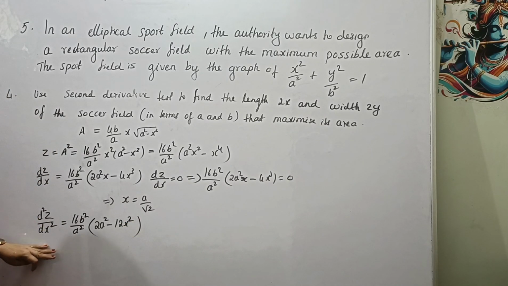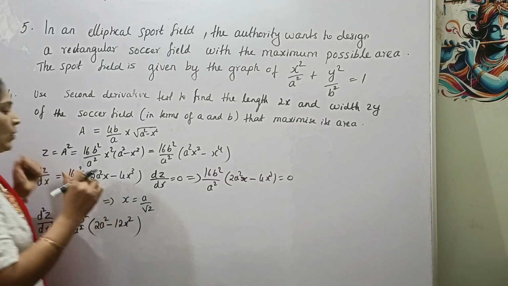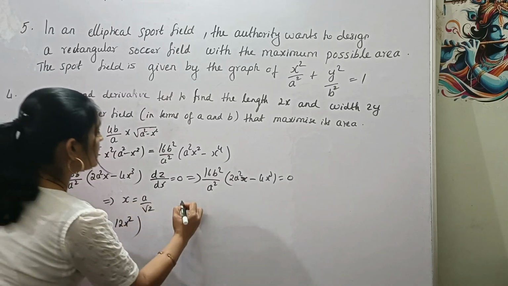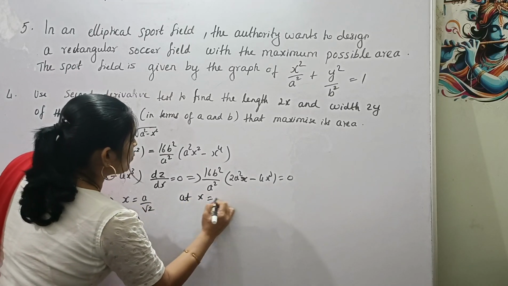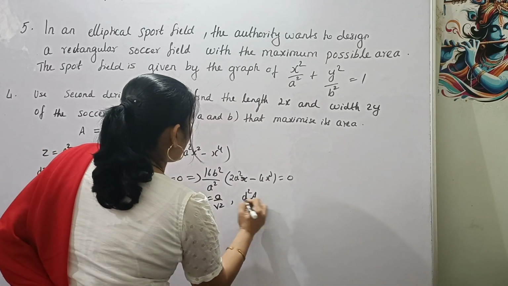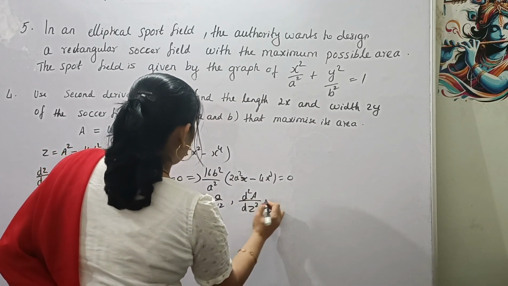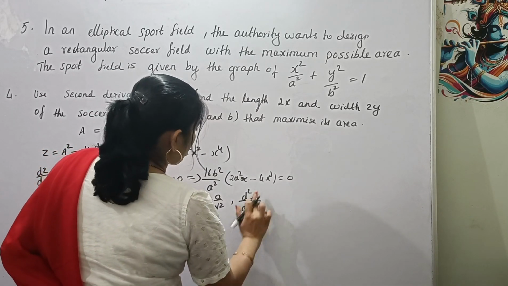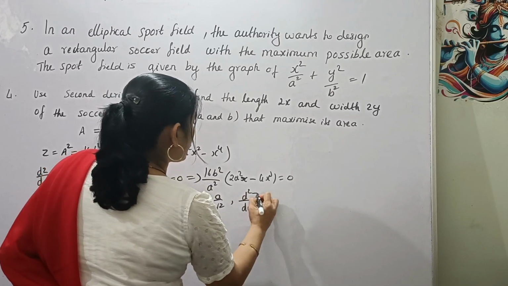Now we have to check whether this d square z by dx square is less than or greater than 0 at this point. So substitute x is equal to a by root 2 in d square z by dx square.